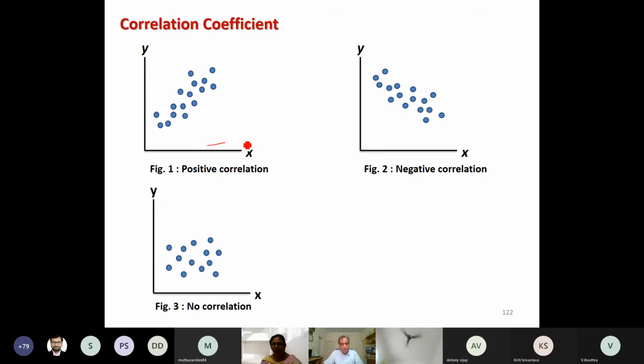When you increase the value of x, and the values of y are also increasing this way, there is an increasing trend.